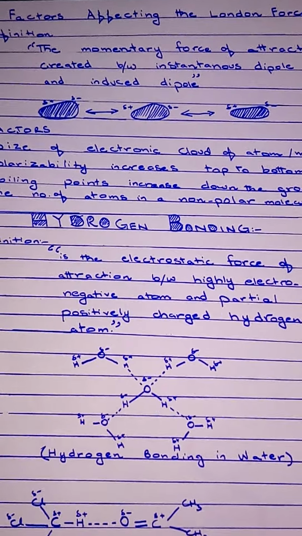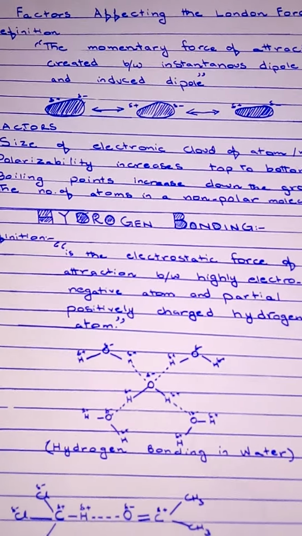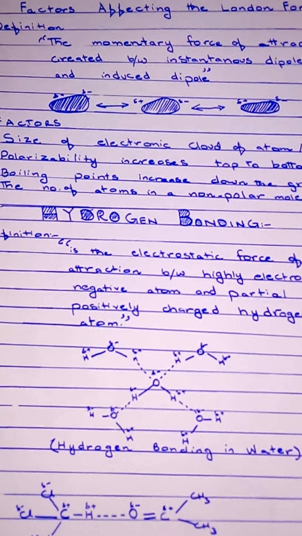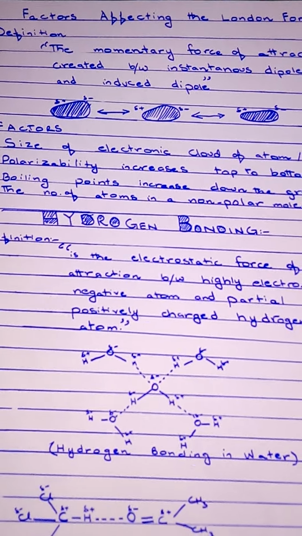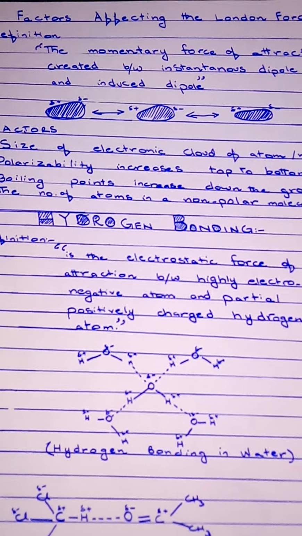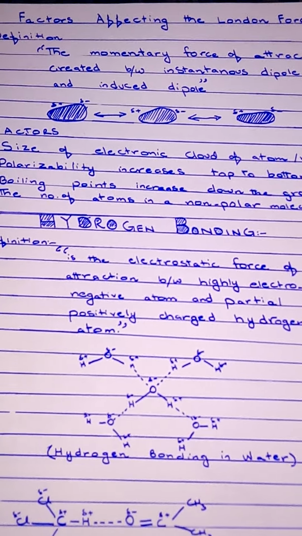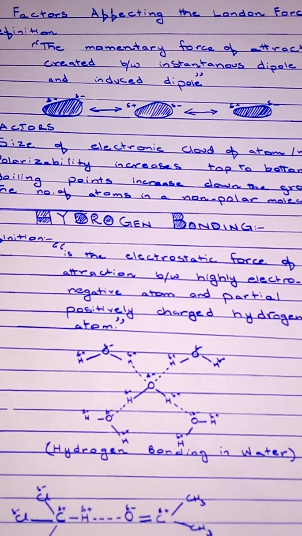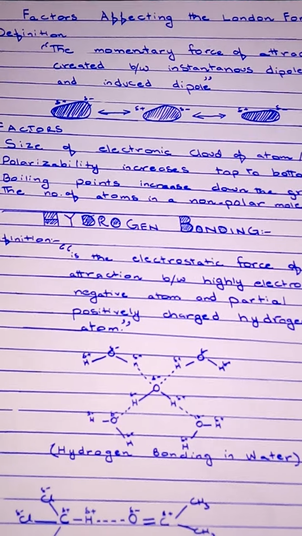Students, it is a very short-lived attraction because the electrons keep moving. This movement of electrons causes the dipoles to vanish as quickly as they are formed. Anyhow, a moment later the dipole will appear in different orientation and again weak attractive forces develop.